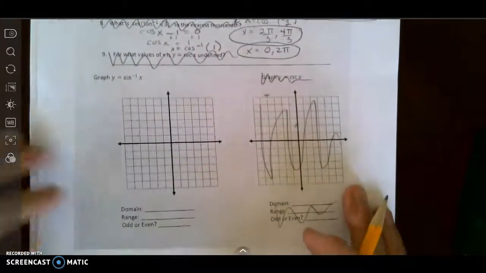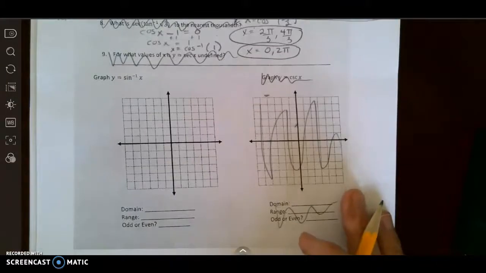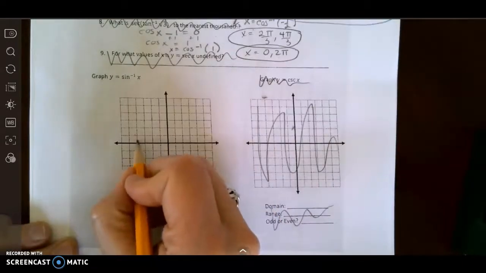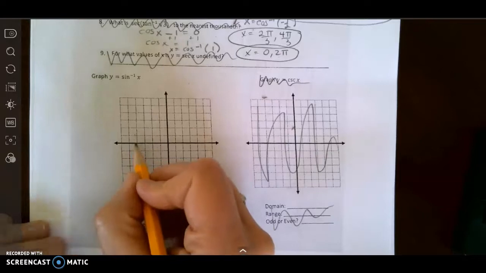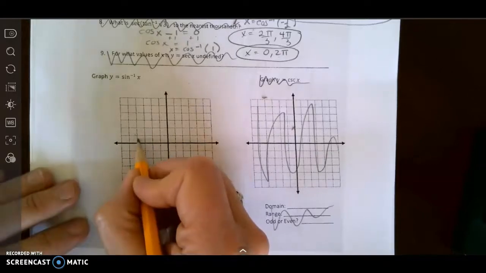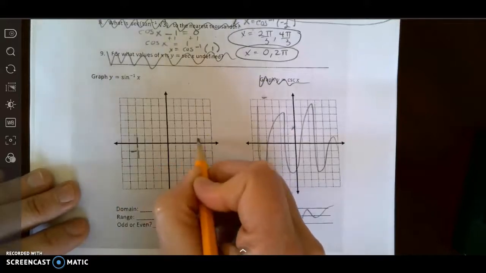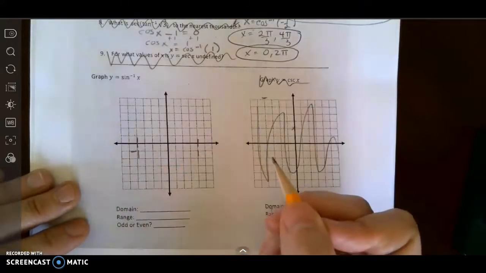Okay. Now I've got my different graphs that I'm going to be looking at. I'm going to be looking at graphs for inverse sine first. And remember, normally for sine, the y-axis is negative 1 to 1. So the x-axis, I'm going to make this negative 1 and this 1.